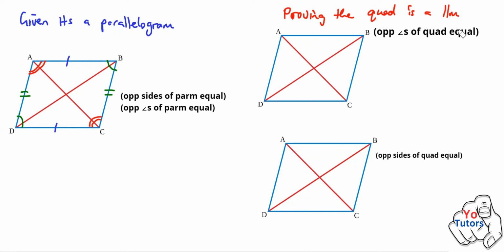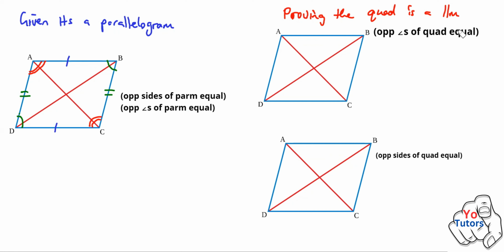Now, this is what you're doing when you're dealing with this. Here you're proving that a certain quadrilateral that you're given is a parallelogram. But how do you do that? You can prove that opposite sides or opposite angles are equal.